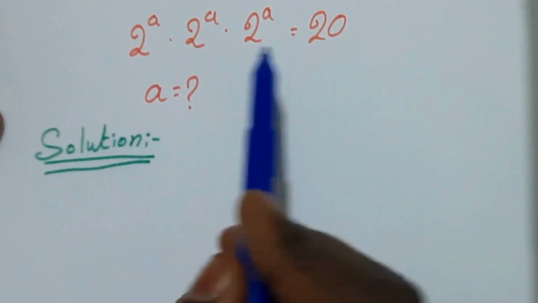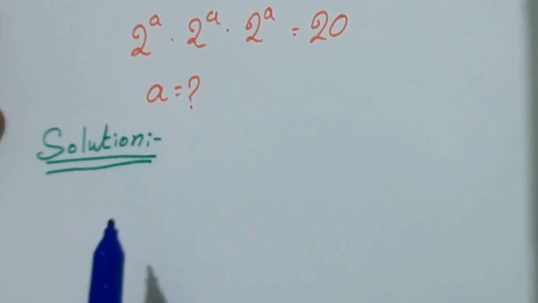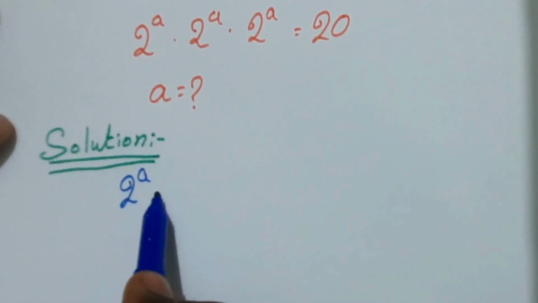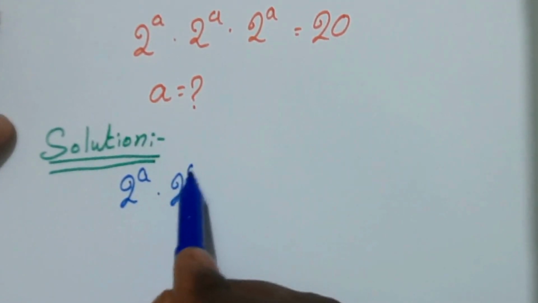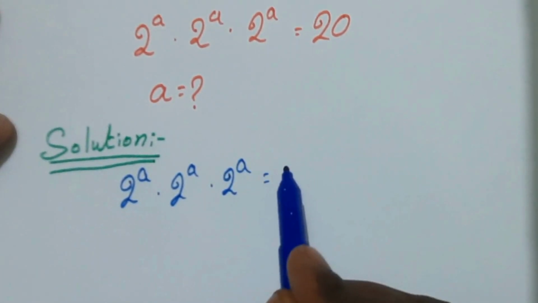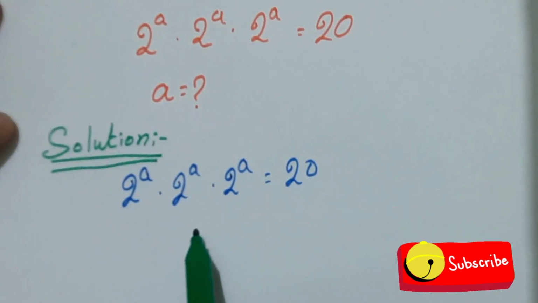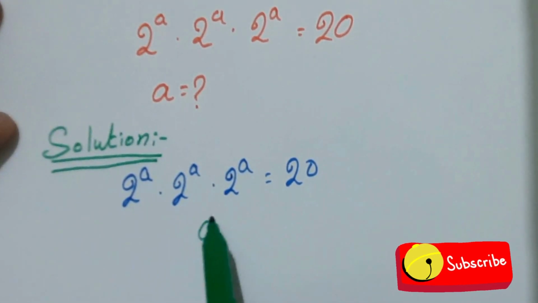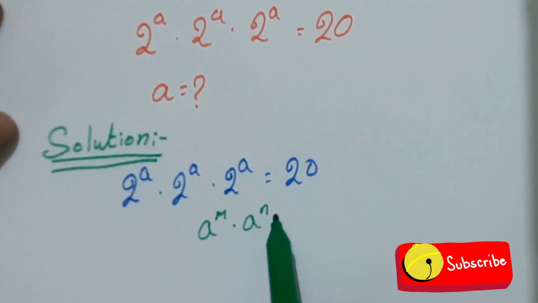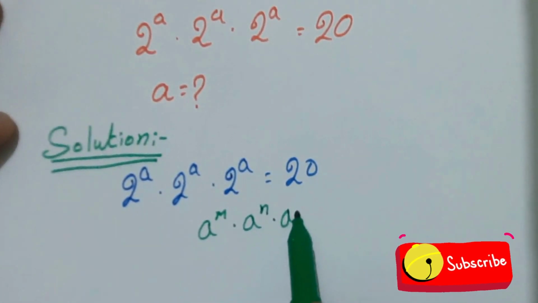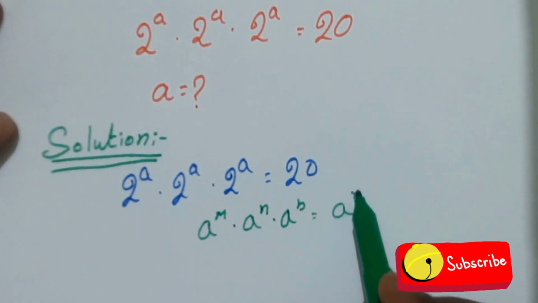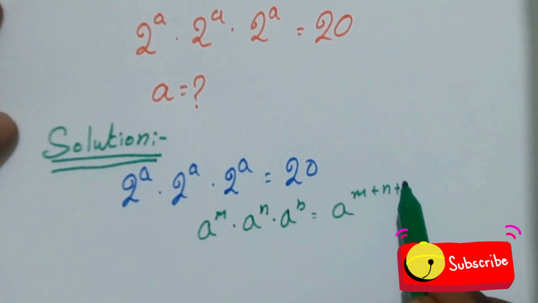Today we are going to find the a value from this equation. Solution: 2 to the power of a into 2 to the power of a into 2 to the power of a equal to 20. We are going to apply the formula a to the power of m into a to the power of n into a to the power of b equal to a to the power of m plus n plus b.